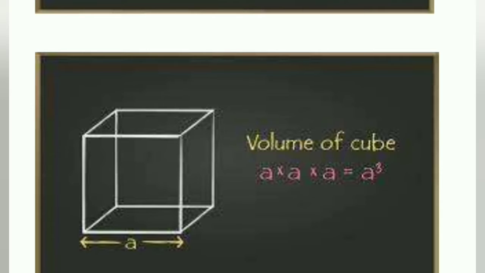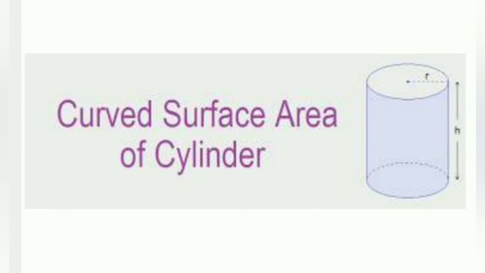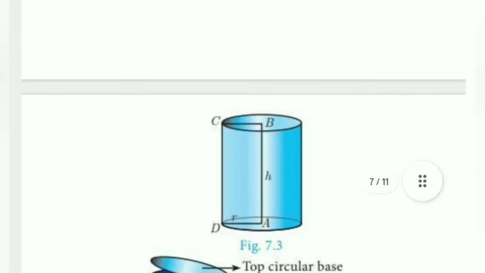After these two shapes we discussed a new shape, the cylinder. In the cylinder we study surface area as well as volume. So for the cylinder we have three formulae. The first one is for the curved surface area of a cylinder. What do you mean by curved surface area? The curve you can see here in purple is the curved surface area of the cylinder.